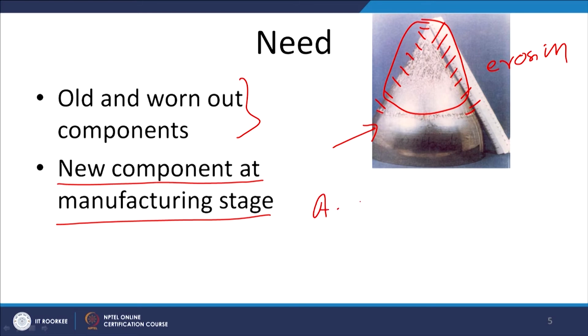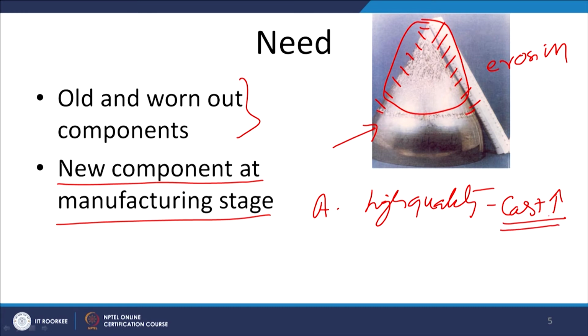We can always make a product using a very high quality material so that it will perform for long, but at the same time cost will also go high. So, the higher cost will make it difficult to be consumed by the general public. So, what efforts are made so that the same good performance product is made at low cost.